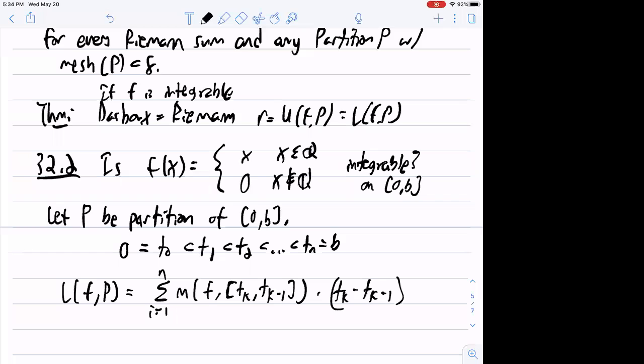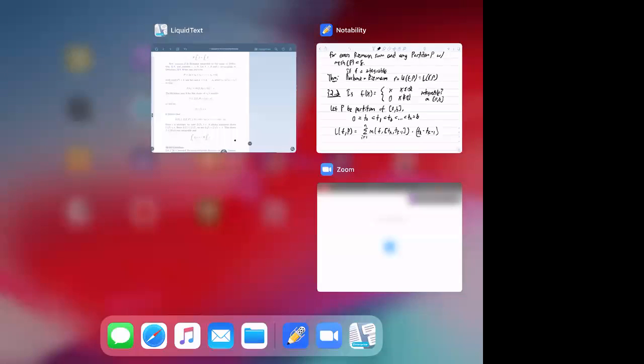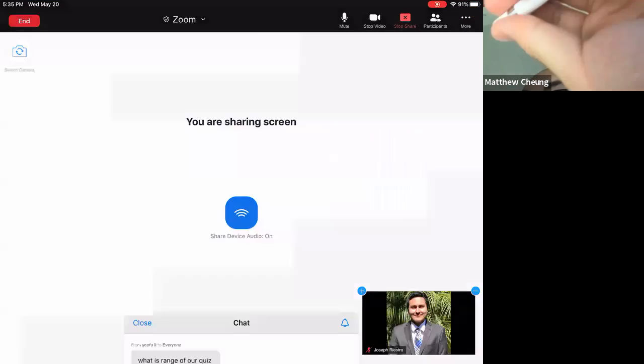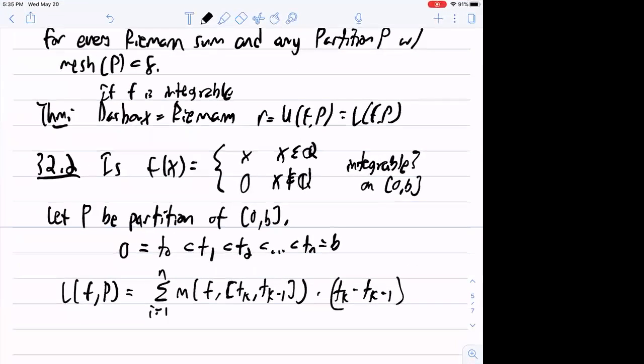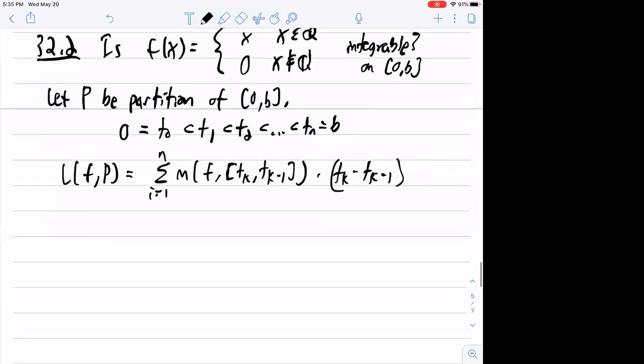It's the infimum of my function f on the interval. So what's the infimum here? Yeah, it's zero, right? In any interval, there's an irrational. So the infimum is zero. So the lower sum is just zero.